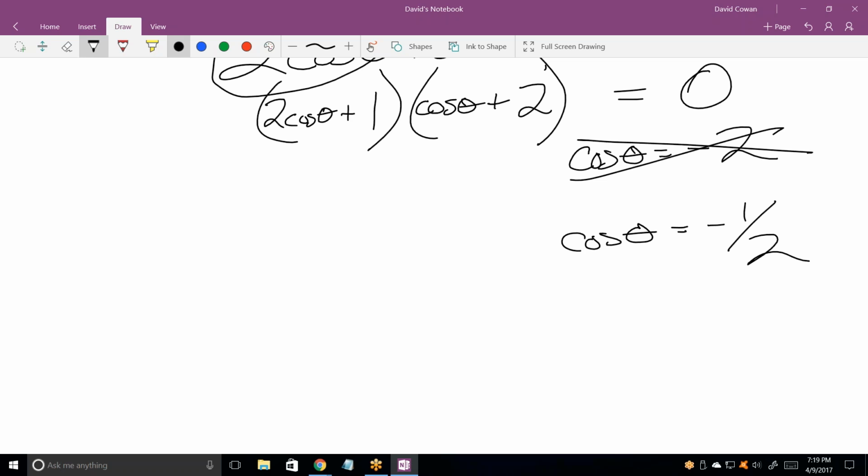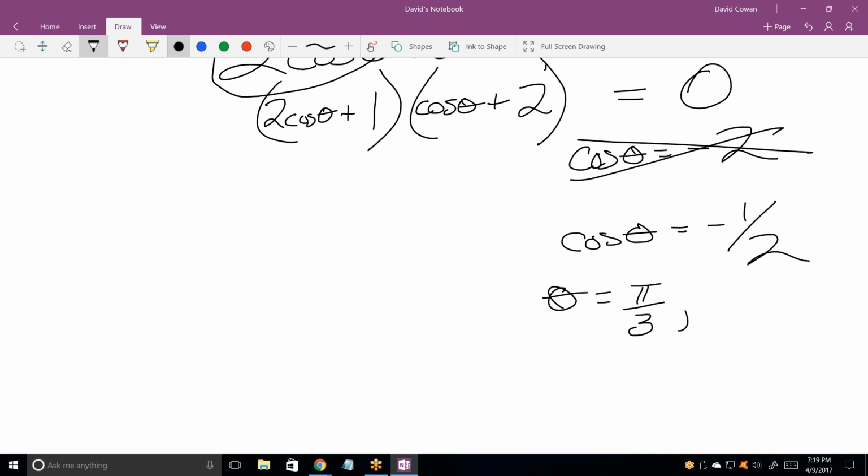Now let's figure out theta. Where is the cosine of theta in the unit circle? Where is it equal to minus 1/2? The easiest way to do this is to start with where it's equal to plus 1/2. Pi over 3.